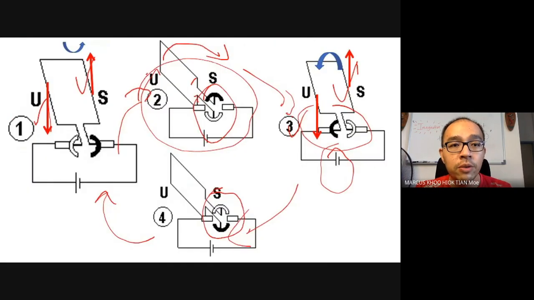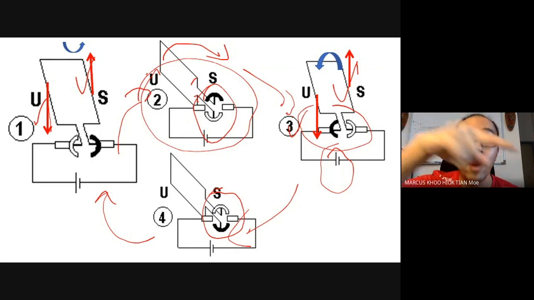Previously, when we were doing this, we only considered one wire. But in reality, inside the fan over here, it's not just one wire. It is actually many, many wires that they make into a coil.